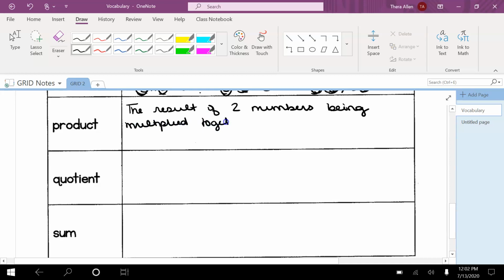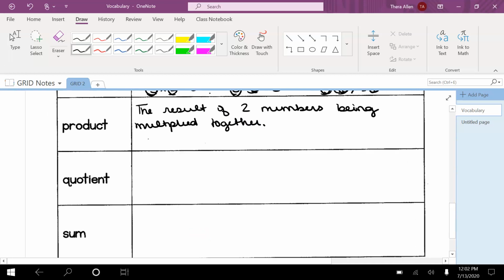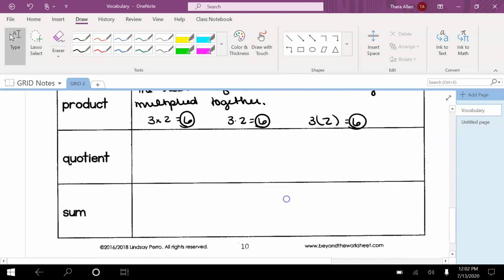For example, same problem. 3 times 2 equals 6. These are all different ways that you will see multiplication problems written out throughout this year.